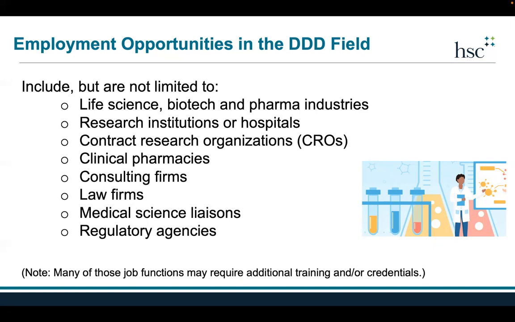I need to point out that many of those job functions may require additional training and or credentials. For example, in order to be a medical science liaison, you would typically require a pharmacy degree.